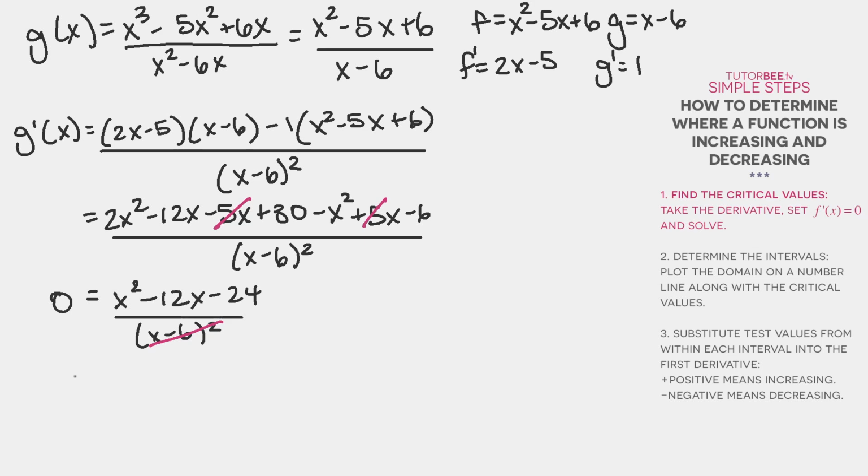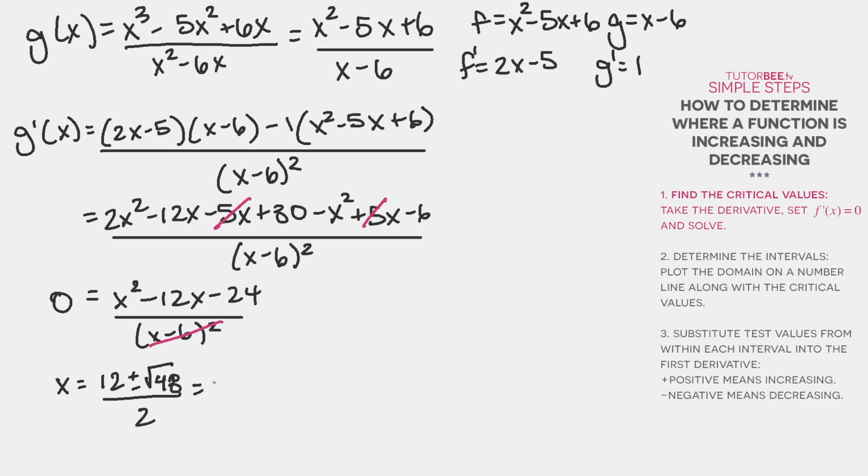I've actually already done the work for that, and when you type it into the quadratic formula, you get x is equal to 12 plus or minus the square root of 48, all over 2, which of course you can pop a 4 out of the 48.